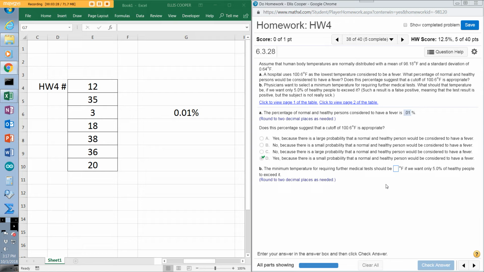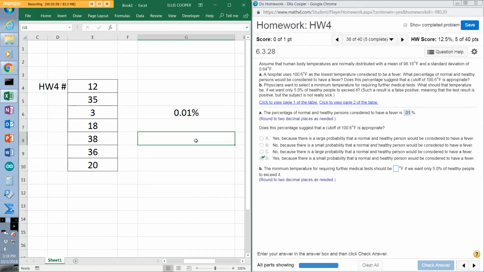So again, we're going to use NORM.INV because we're going from a probability to a score, to a temperature. Okay, so that means we want 95% of the people to be lower than whatever this score is that we need.